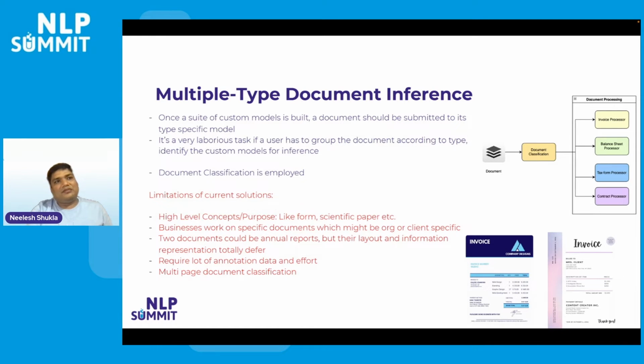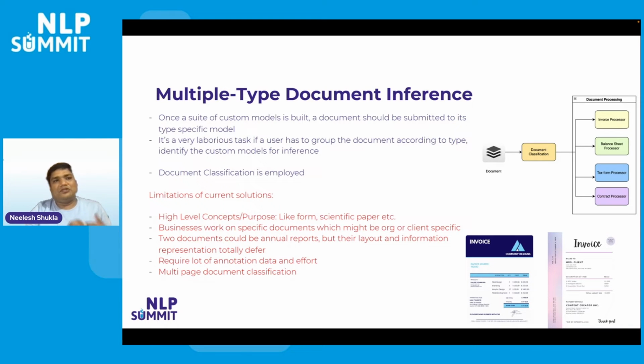The second problem is that even if we build a model which is invoice-specific, for example an invoice processor model, two different clients may send invoices with different layouts. So we still need to think about how we can go for document classification.